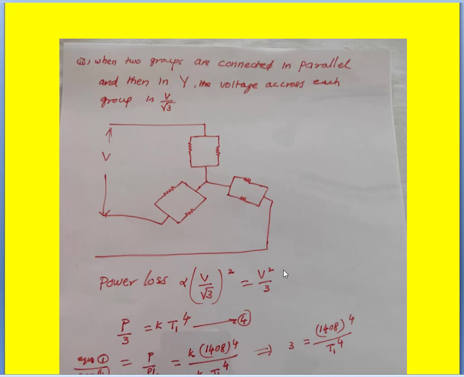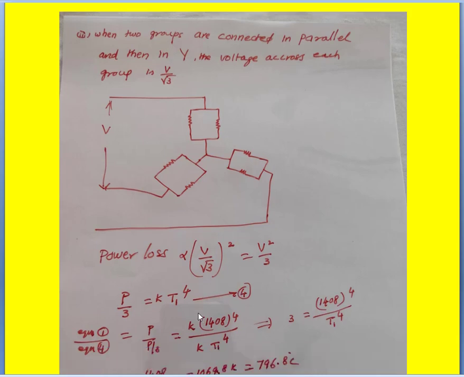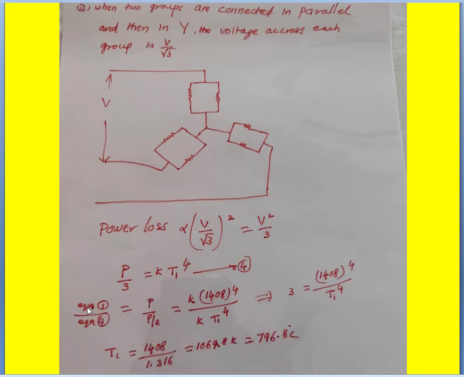We already know that V square is directly proportional to P. So the denominator will remain the same. That is P by 3 is equal to K T1 to the power of 4. Let us say this is equation 4. So we want to know what is this temperature. So again, divide equation 1 with equation 4, then we get P divided by P by 3.